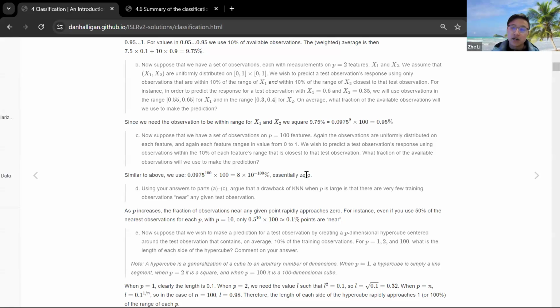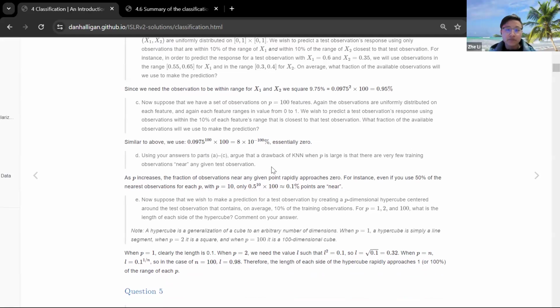In other words, if we still set the range on each dimension as 0.1, the overall volume or space that we can capture in this 100-dimensional case is almost nothing.